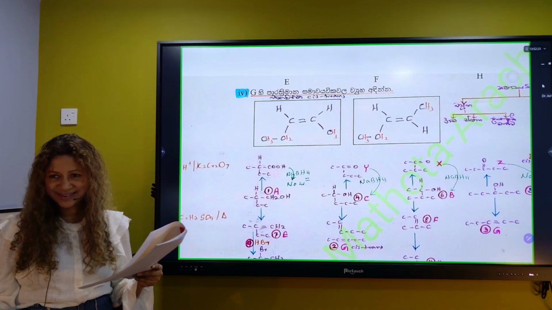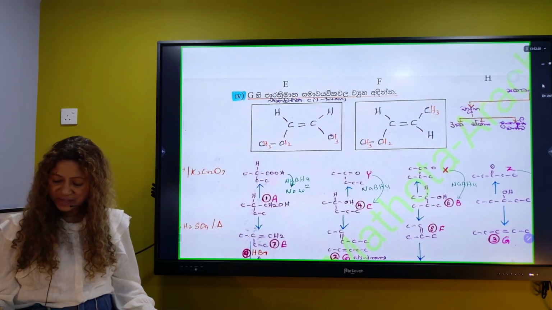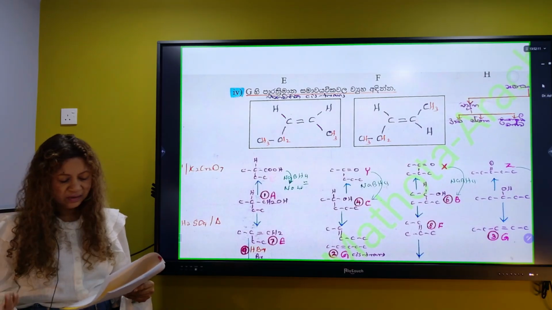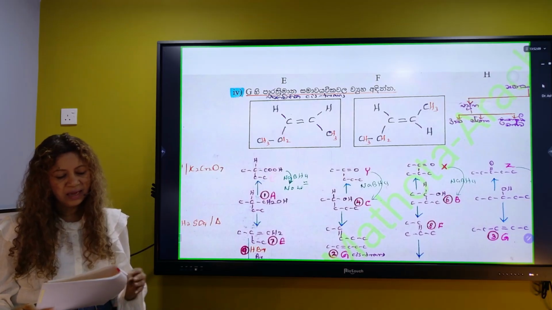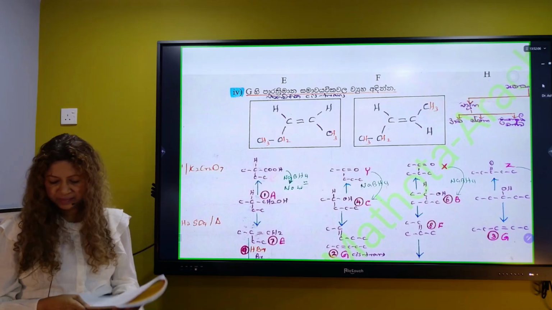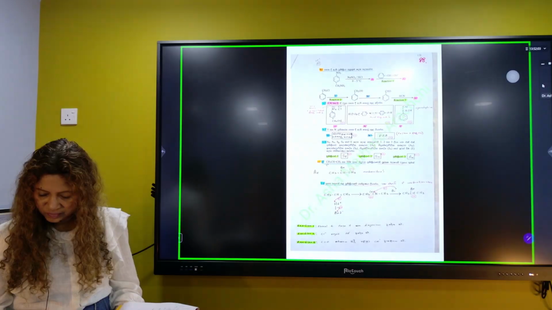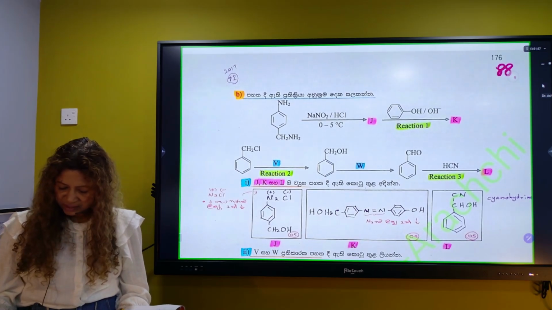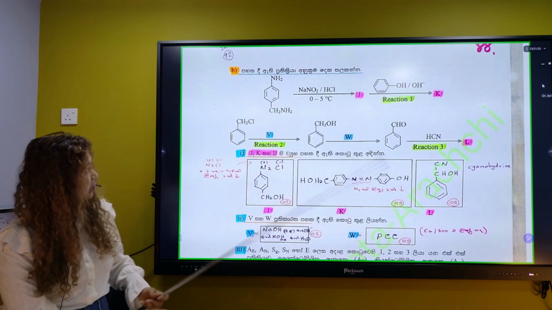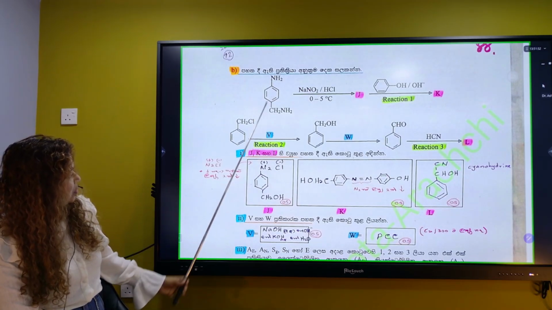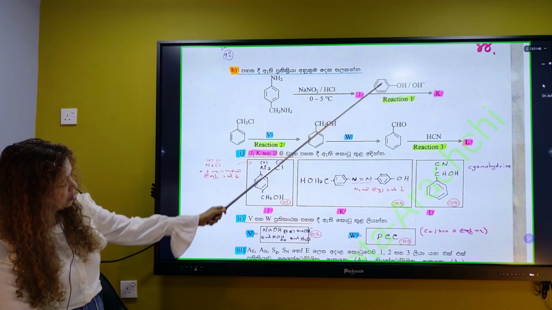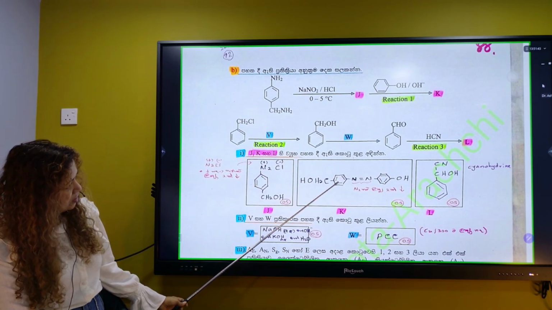Cis-trans isomers of E and F. Cis-trans of G are these two. For the second one, change the positions. And then part B. Sodium nitrite, HCl: NH2 is converting to N2Cl, and then electrophilic substitution with respect to phenol.